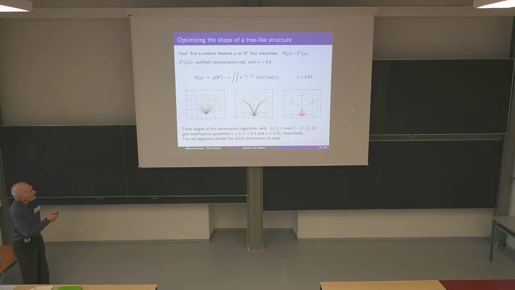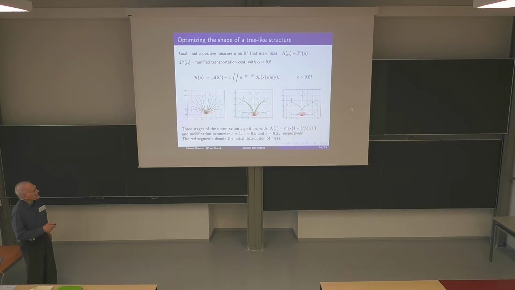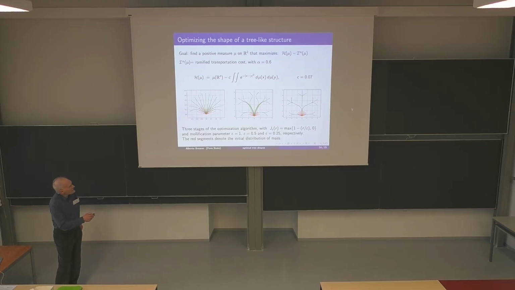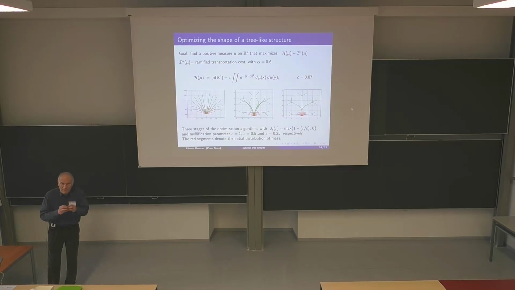And so the measure itself changes in different iterations. Actually, here we are not minimizing the shape of a tree, we are just minimizing this harvesting function, or the simplified one. So you want the total mass minus a constant times this penalization. Penalization means we don't want to clump the mass in a small region, okay?